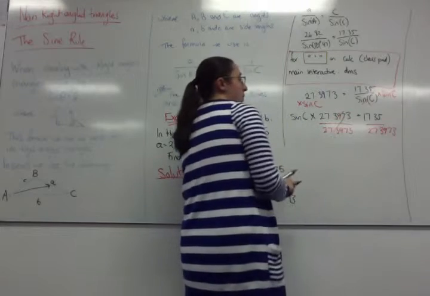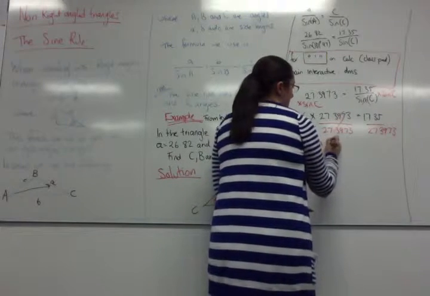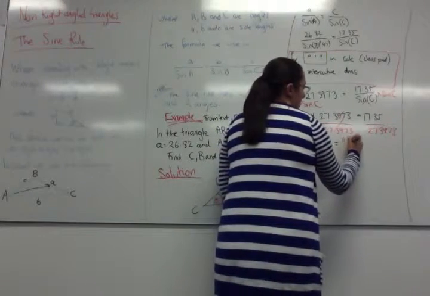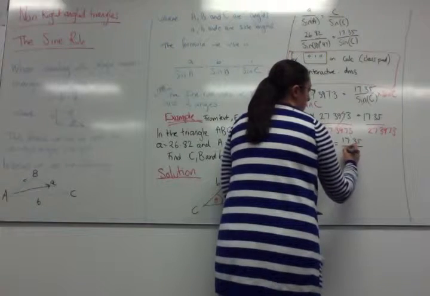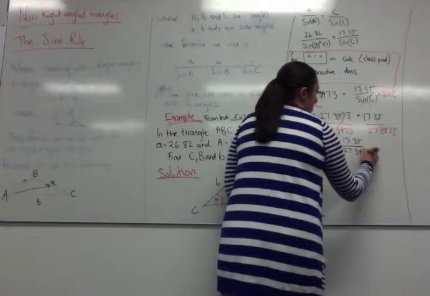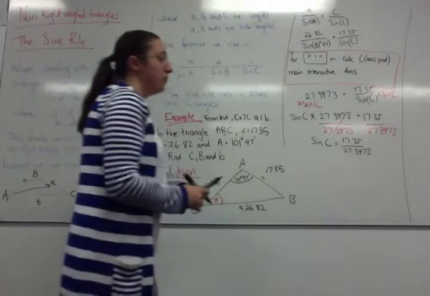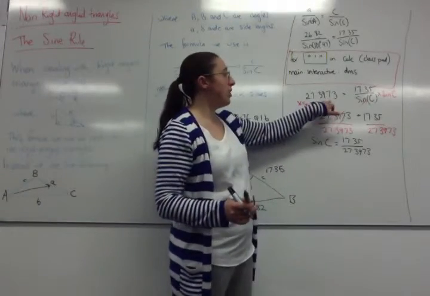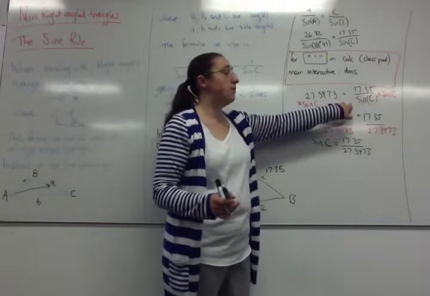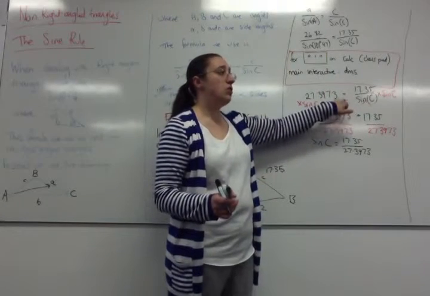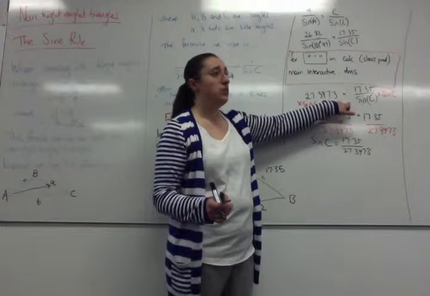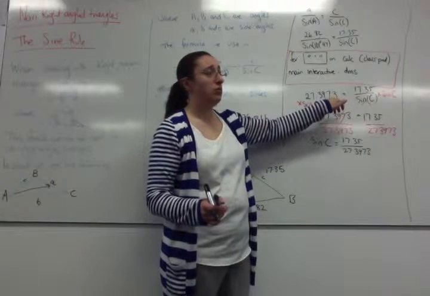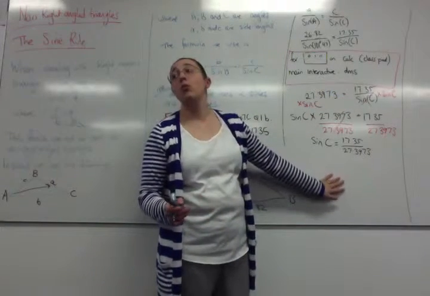They'll cancel out and we end up with sine C is equal to 17.35 over 27.3973. What we could have done is we could have directly swapped these two over and done the cross multiplication there to get the sine by itself. So is it always going to be like that? It will always, when it's on the bottom.